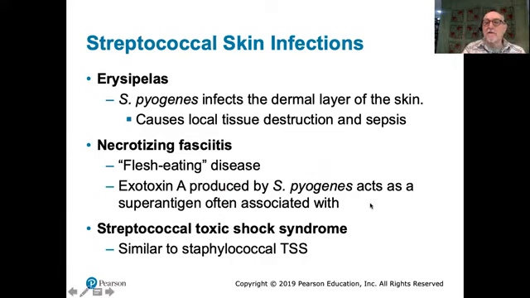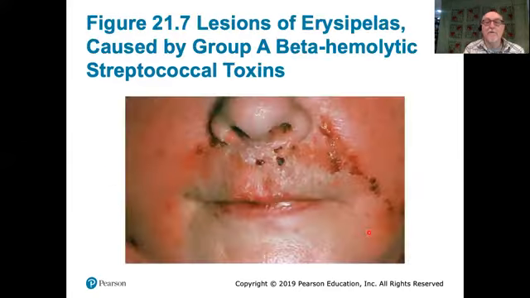The exotoxins produced by Streptococcus pyogenes, exotoxin A, are particularly dangerous because they excite a very powerful immune response, far stronger than is useful in fighting the infection, and is in itself a danger. Streptococcus can also produce toxic shock toxins, which go into circulation and cause a toxic shock syndrome similar to that of Staph aureus.